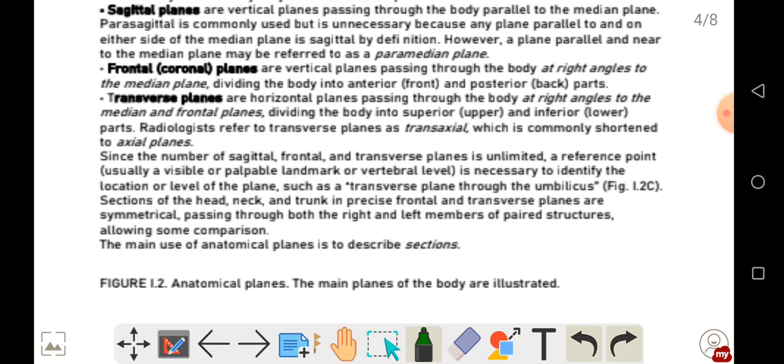So let's also look at the meanings of some terms. For example, visible. When we say something is visible, it's something that you can see. Then palpable. Palpable simply means something that you can easily feel. For example, the clavicle is easily palpable.